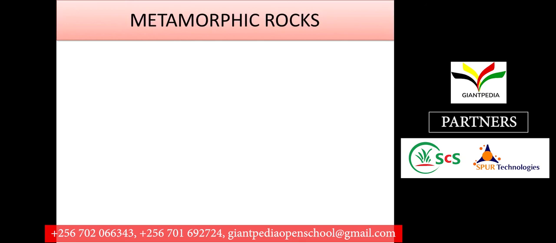Even if it's not East Africa, at least you have to give examples where those rocks are found. It will be funny to say limestone in Uganda. You rather say limestone at Hima, Kasese district.